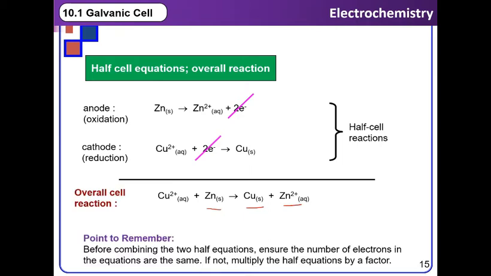So point to remember, before combining the two half equations, ensure the number of electrons in the equations are the same. If not, multiply the half equation by a factor. Maknanya kita kena pastikan bahawa jumlah elektron at anode dan juga cathode ni mesti sama. So kalau dia tak sama, kita kena darab mana-mana equation supaya kita boleh dapat sama dan at the end kita boleh cancel dia punya elektron tu.